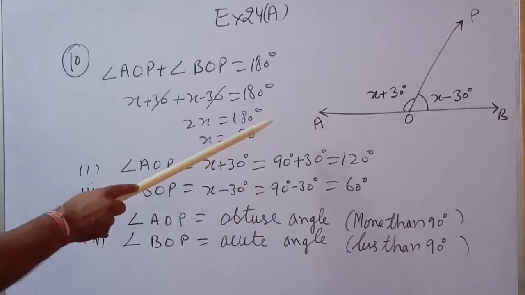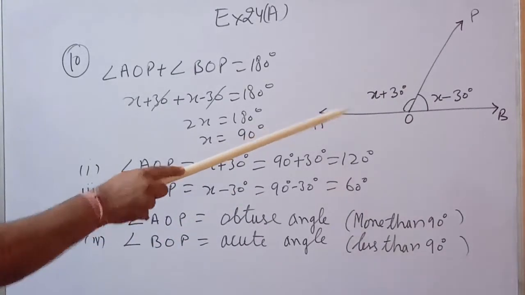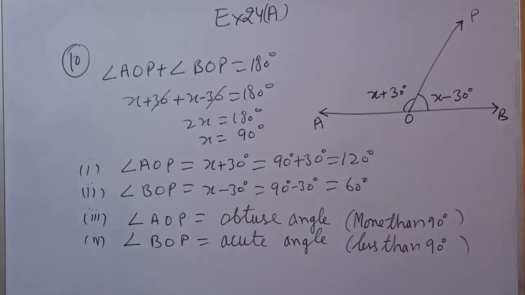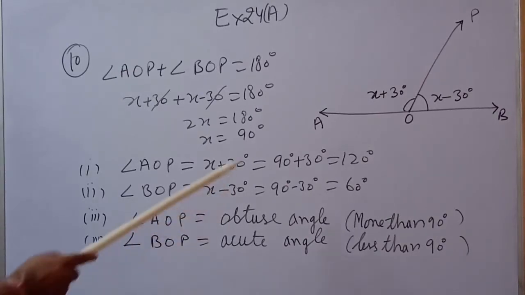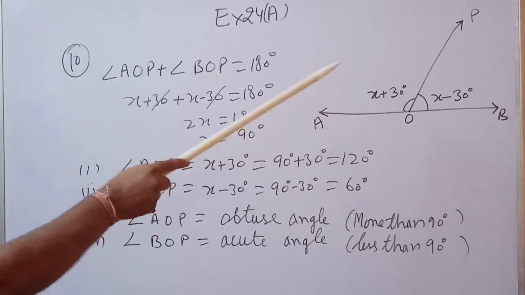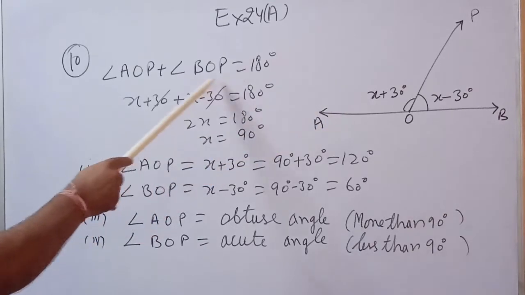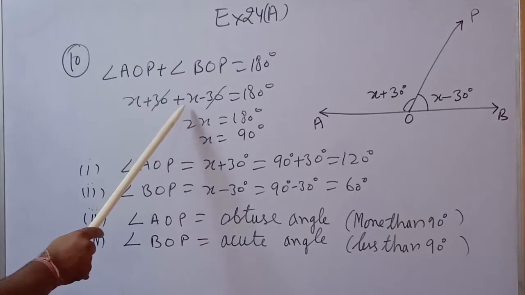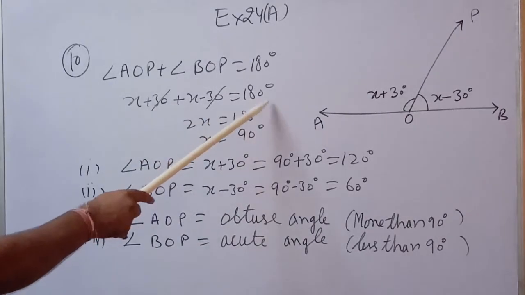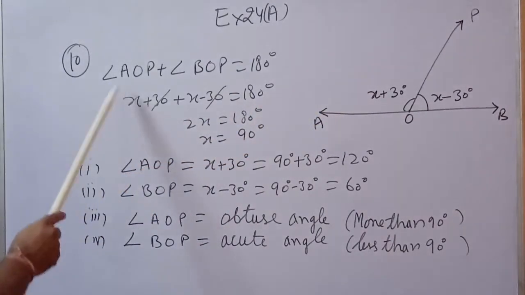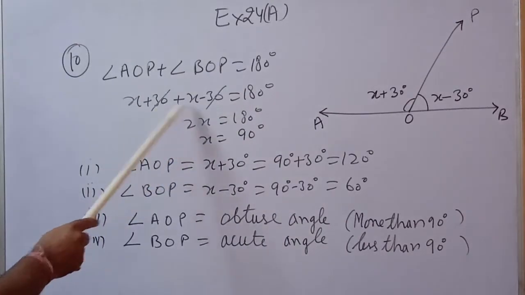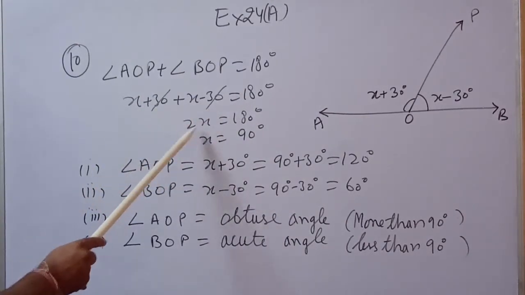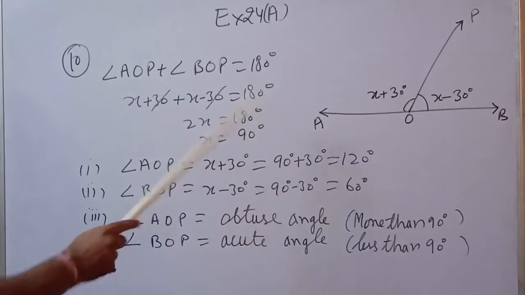So here we have, you know all, the straight line angle is always equal to 180 degrees. So therefore, angle AOB equals 180. Hence, angle AOP plus angle BOP equals 180 degrees, or x plus 30 plus x minus 30 equals 180 degrees. Write the value of AOP and BOP. 30 and 30 cancel. x plus x, 2x equals 180, or x equals 90.